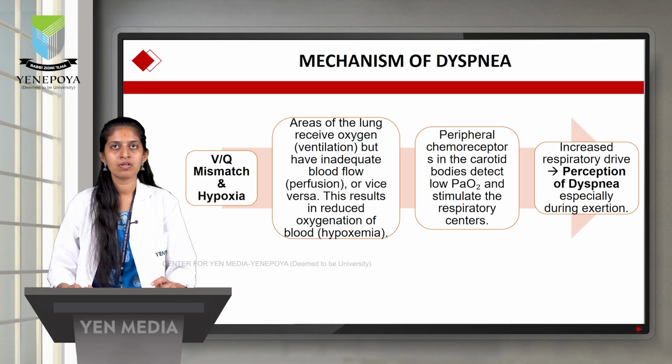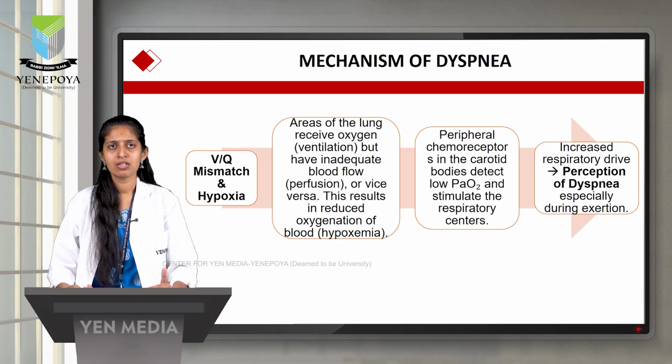The third mechanism related to dyspnea, which we are going to talk about, is V by Q mismatch and hypoxia. When we talk about V by Q mismatch, we already know V by Q is ventilation and perfusion. Some areas of the lung will receive more ventilation, or some areas of the lung will not get adequate blood flow.